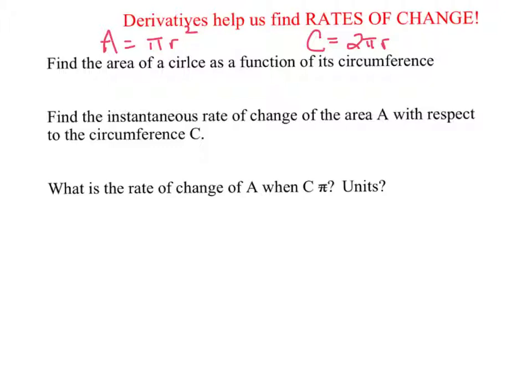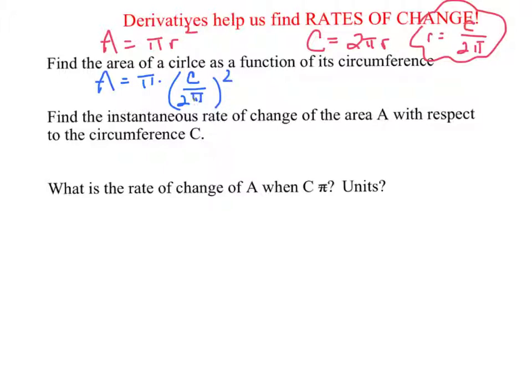But here I say I want the area as a function of its circumference, so let me just keep working with some algebra here. Radius is equal to circumference divided by 2 pi. So that means that area of a circle becomes pi multiplied by (C over 2 pi) squared, which is equal to pi multiplied by C squared over 4 pi squared.